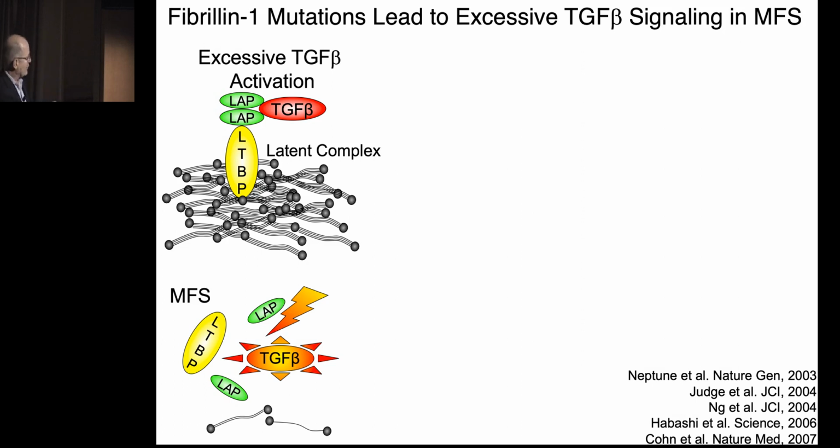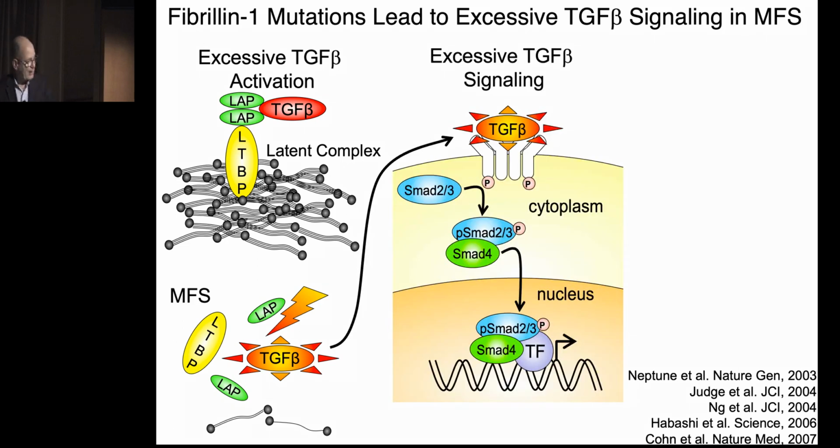And on that basis, promiscuous activation of the cytokine can then go on to interact with its cell surface receptor and set in motion an intracellular signaling cascade that includes phosphorylation of SMAD2 or SMAD3 that then partner with SMAD4, translocate to the nucleus, and drive TGF-beta transcriptional responses.